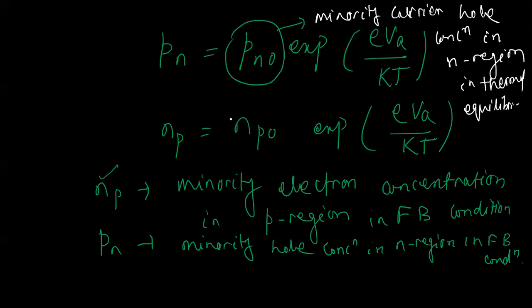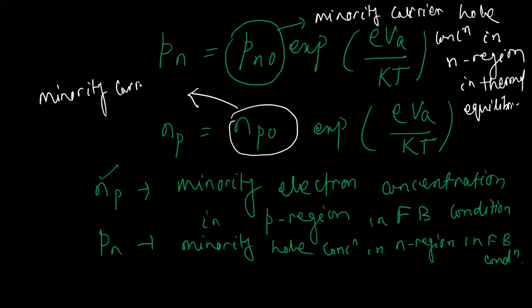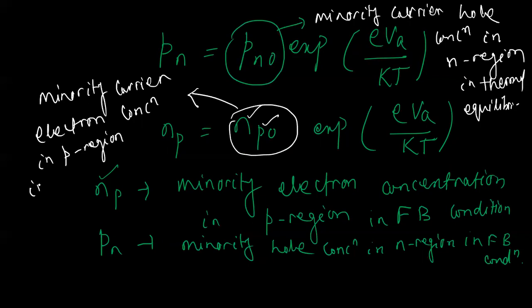And similarly Np0, if you are writing, then you will write this as minority carrier electron concentration. n stands for electron, so electron concentration in p region. You can see p here, in p region, that's why we said minority means it's in the opposite region. The 0 is for thermal equilibrium.